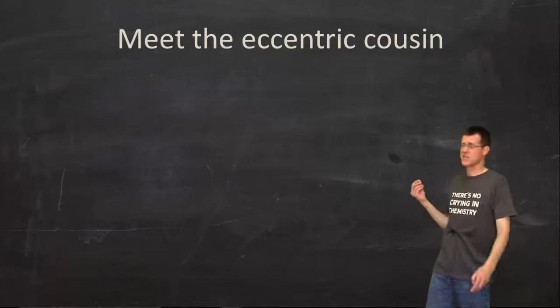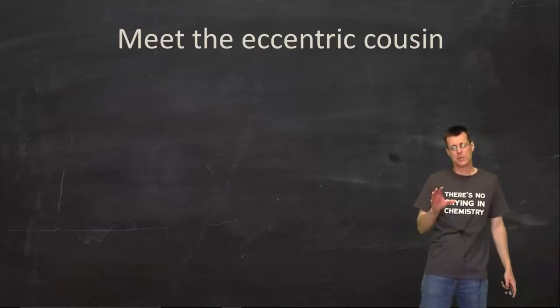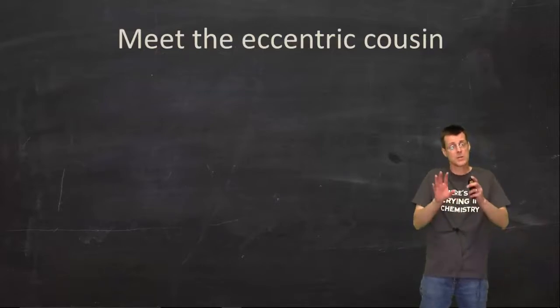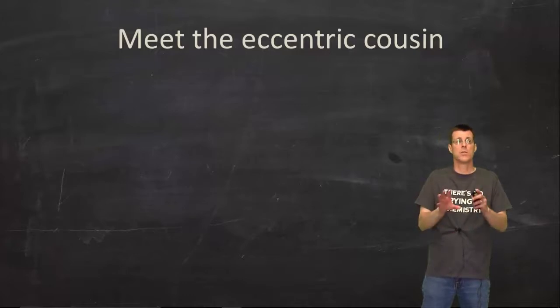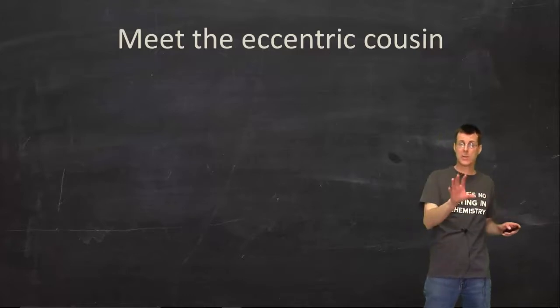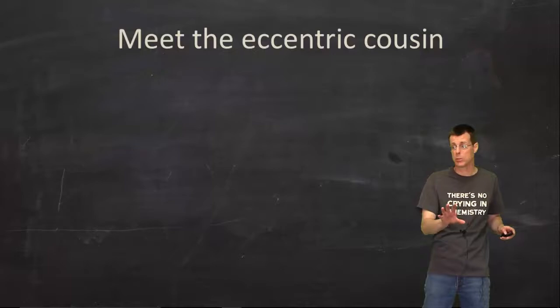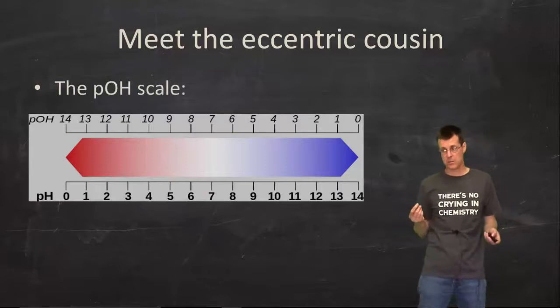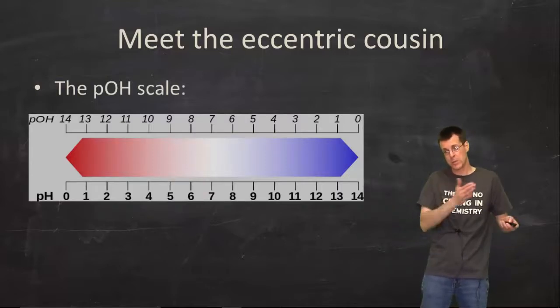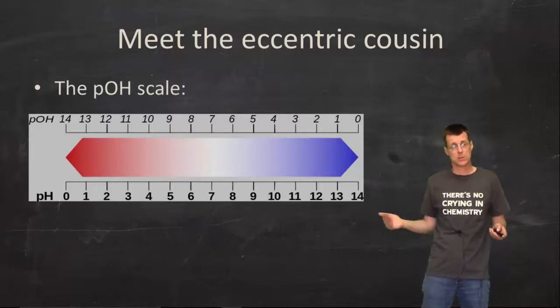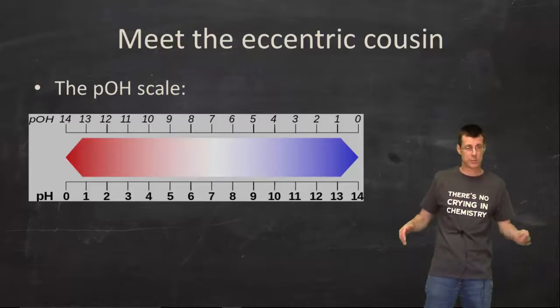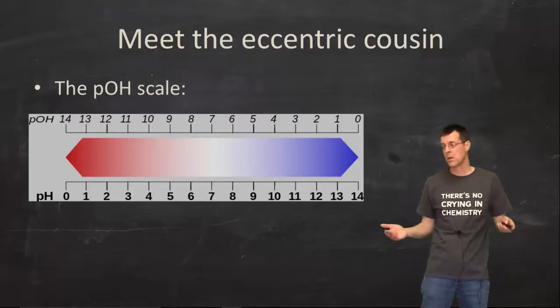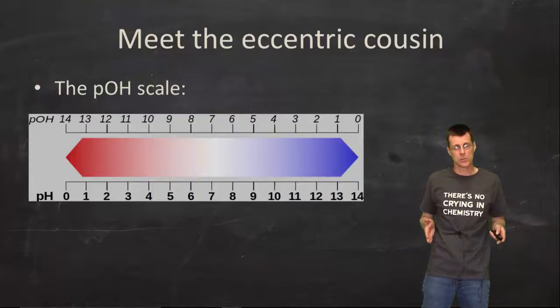Okay, now I've called it the eccentric cousin. It's probably a little unfair from me, but there's another scale that you've probably not heard of. So you are now one of the select few that know about the pOH scale. And the pOH scale runs from 14 to 0, actually a little bit above 14, a little bit below 0, and 7 is neutral.